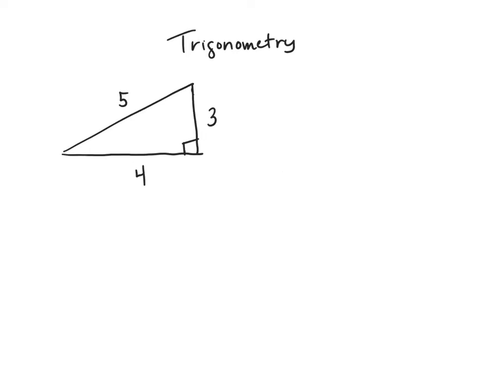Keep in mind, sine, cosine, and tangent for your normal trigonometry is only going to be used with right triangles. So you have to have a right triangle to use this.